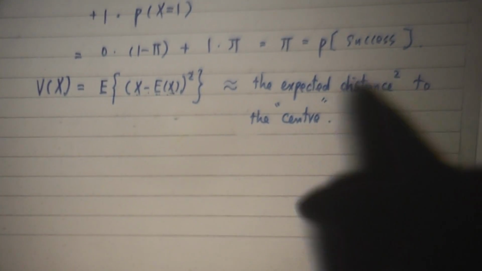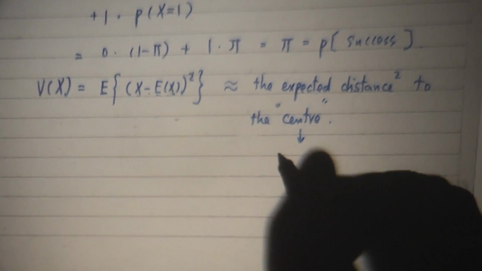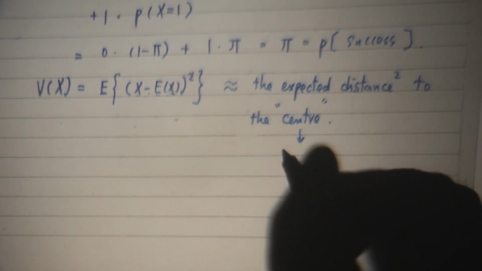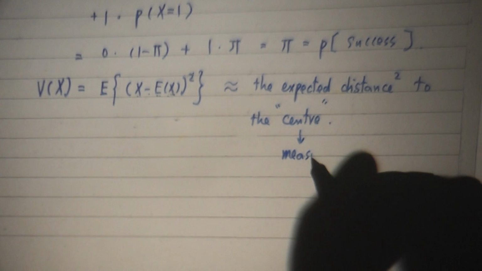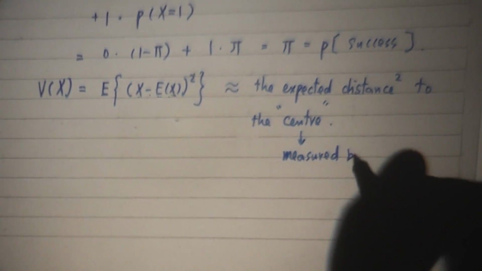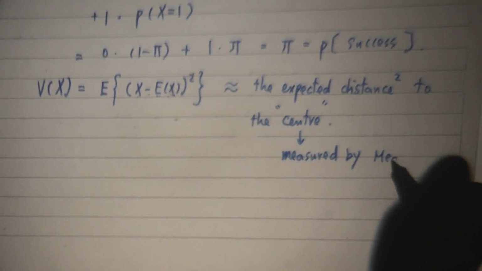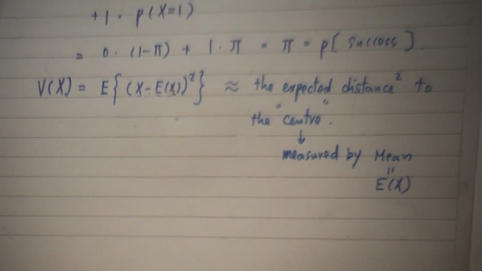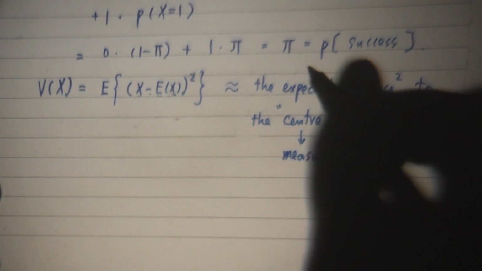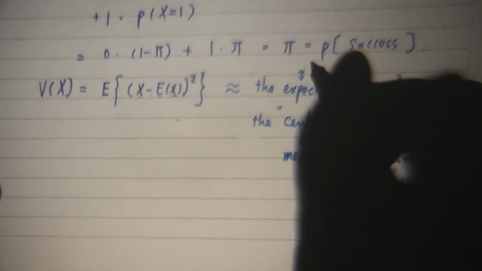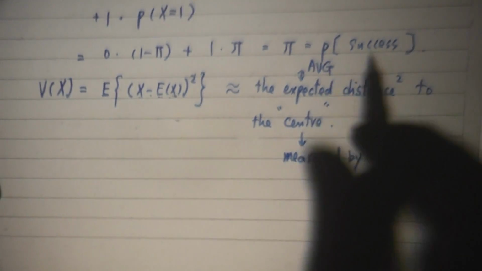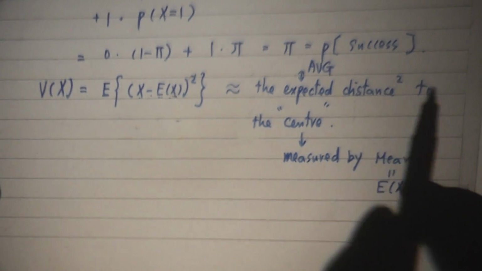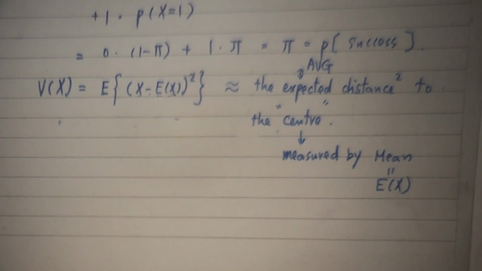And here, center is measured by what? Center is measured by the mean, which is the expected value of x. Okay? And expected is the same thing as average. The average distance squared to the center, that is variance.